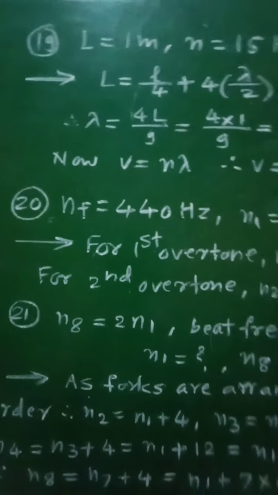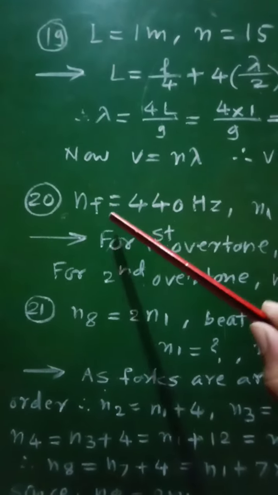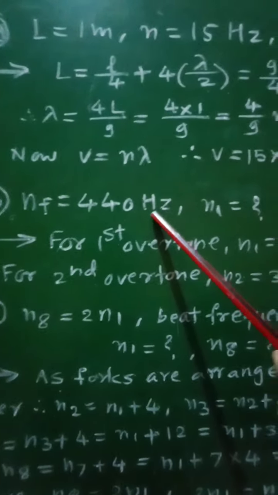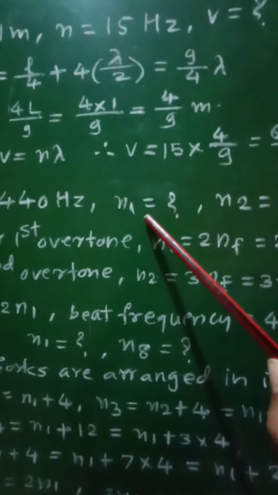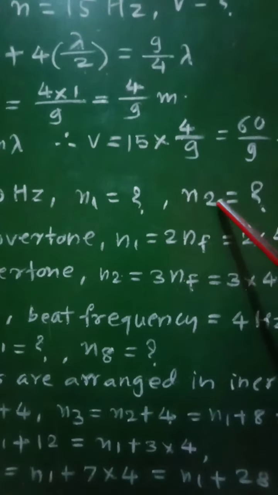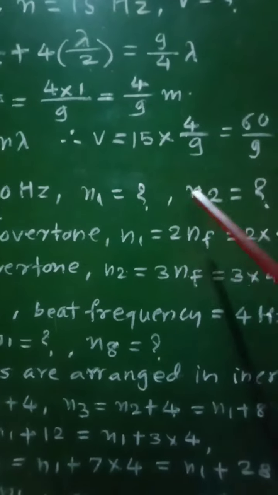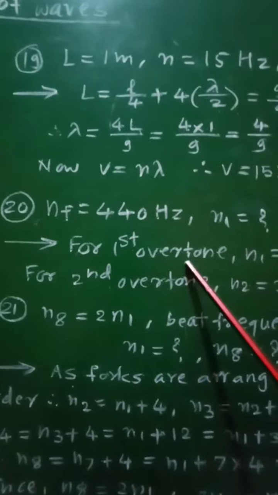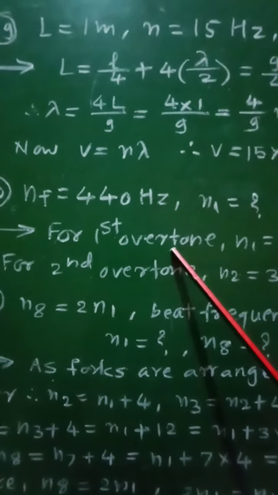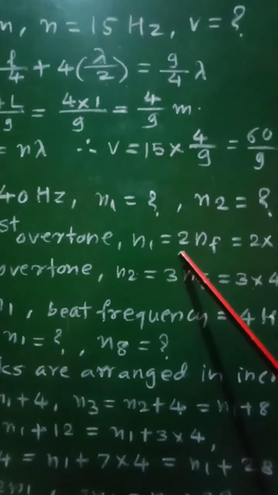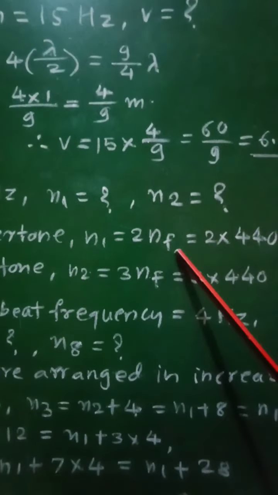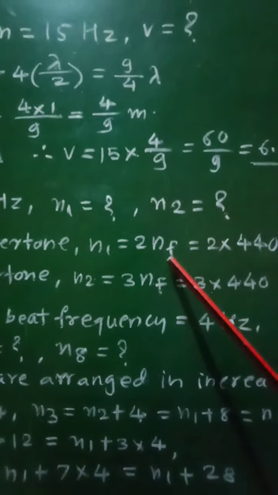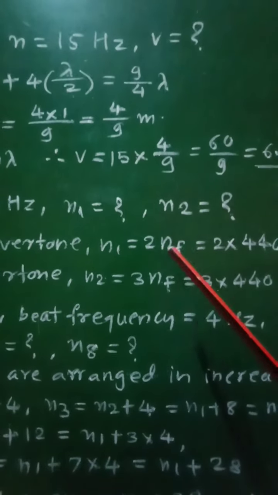And therefore for this numerical, the fundamental frequency NF is given as 440 Hz. Then we have to find out the frequencies for first and second overtone, that is N1 and N2. Now for first overtone, we have frequency N1 equal to 2 NF, because all the harmonics will be present in this case.